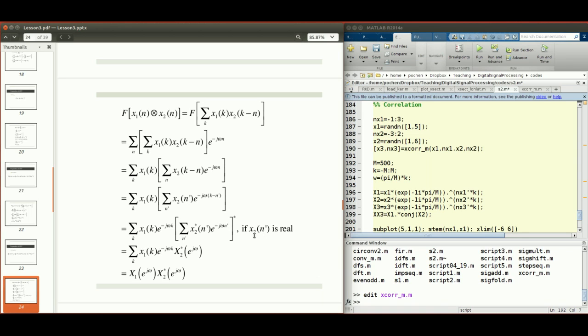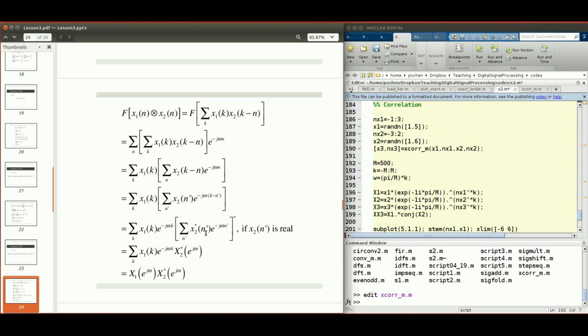And if x2[n prime] is actually real, which is often the case, since usually you are dealing with real signals in the time domain, not complex signals, then x2 star of n prime equals x2[n prime], because x2 is real.